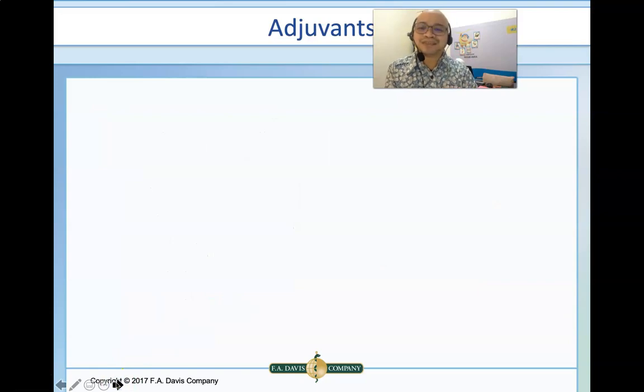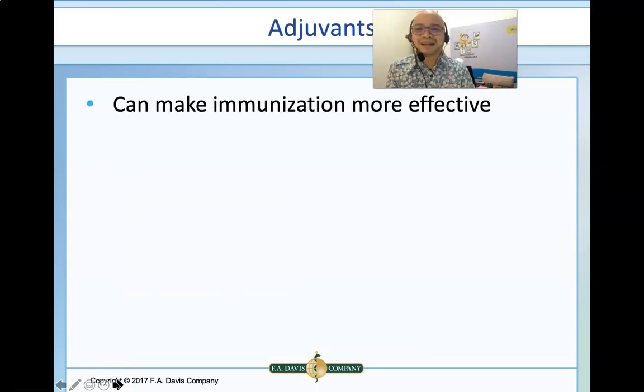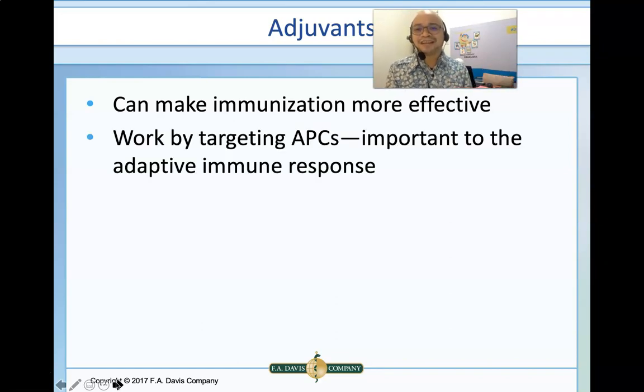Adjuvants. What are adjuvants? Adjuvants are substances that will render vaccination more efficient, so they can make immunization more effective. Adjuvants primarily work by targeting APCs. You remember APCs? Macrophages, dendritic cells, mast cells.